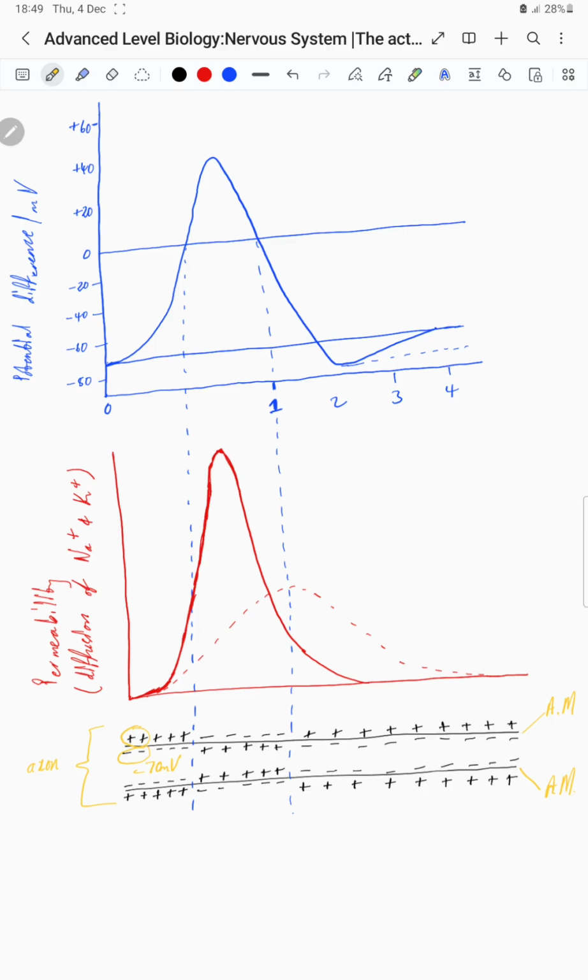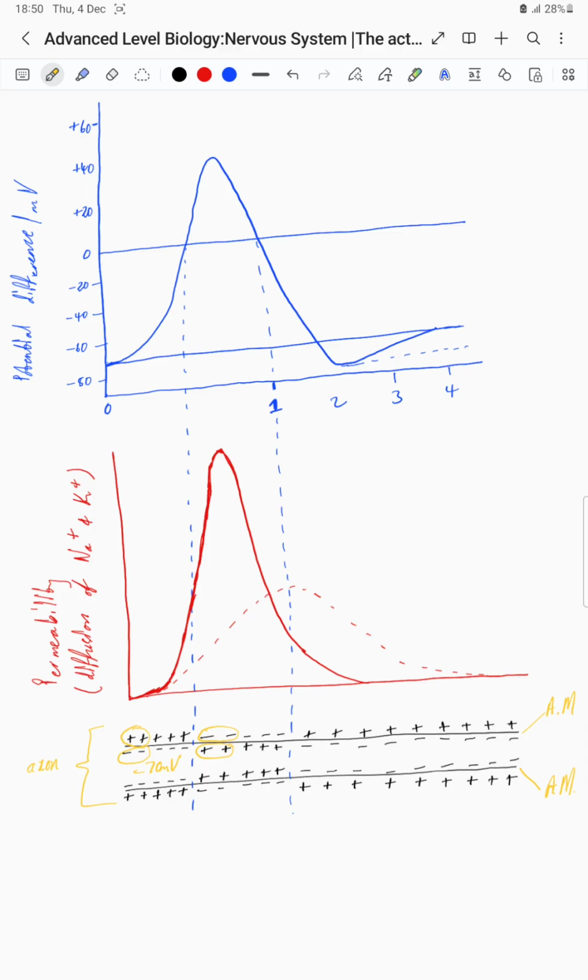And then after a stimulus, we see that there starts to be a depolarization of the membrane. Now the outside is becoming more negative and the inside is becoming more positive. We want to see how this depolarization is brought about. So let us first label our graphs.